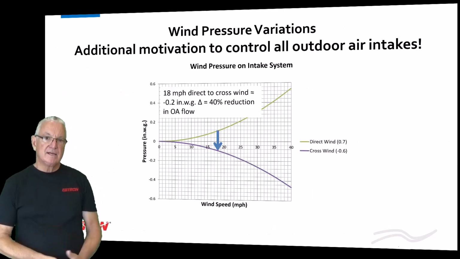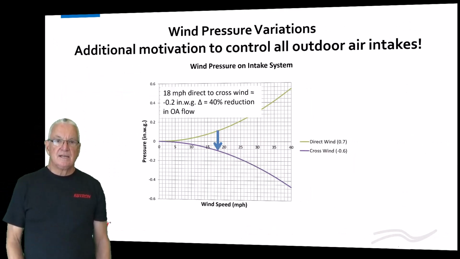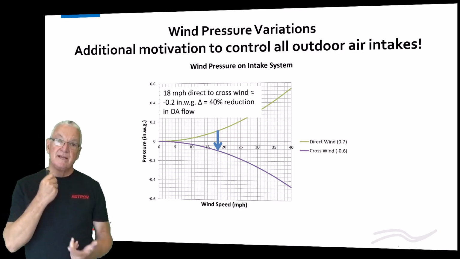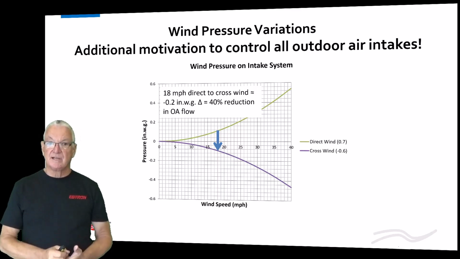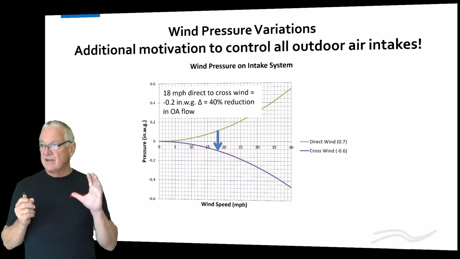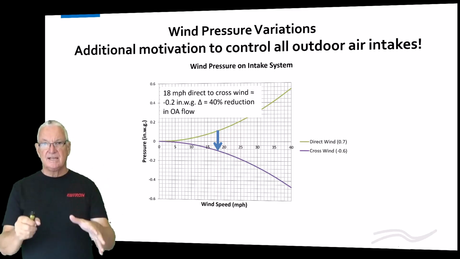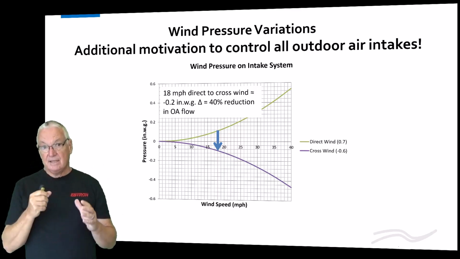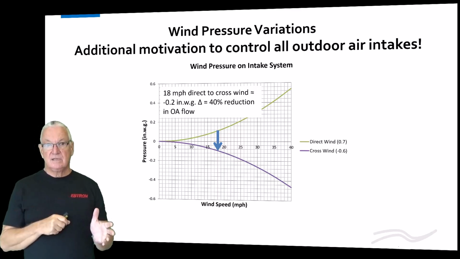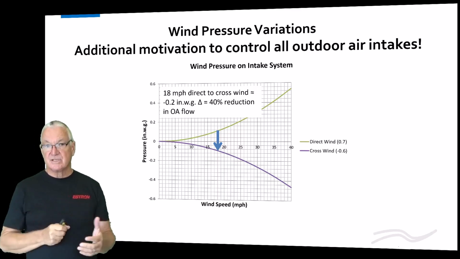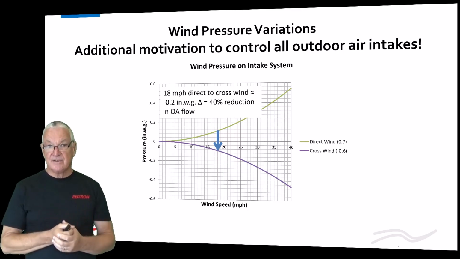Where else do we get it? We get it going from an 18 mile an hour direct wind to an 18 mile an hour crosswind. The direct wind is a positive pressure on that intake system, and the crosswind is a negative pressure on the intake system. And you'd have about a 2/10 of an inch change.